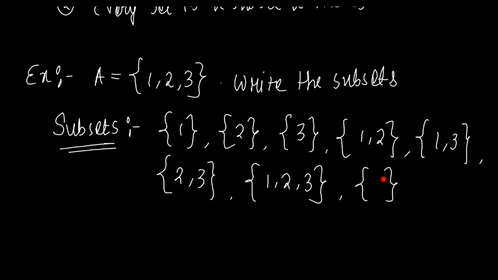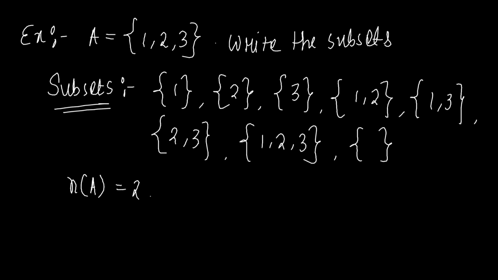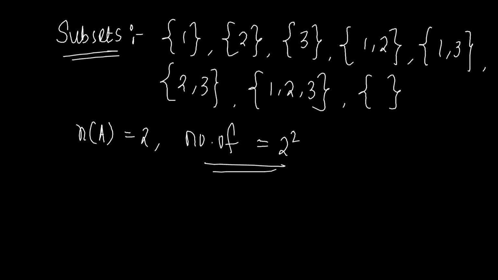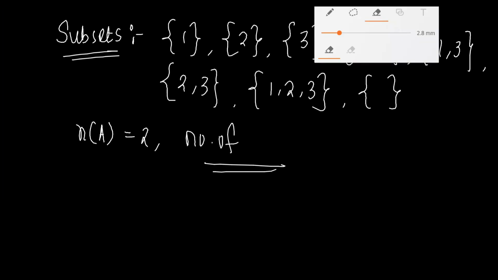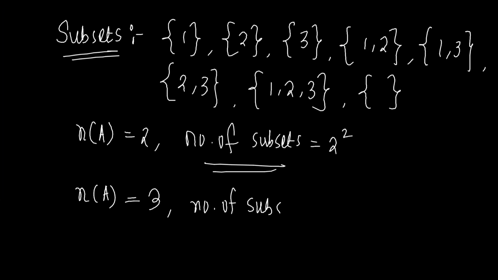So from this we can easily say that in the previous part the number of elements is 2 and the number of subsets is 4. So we can write the number of subsets is equal to 2 square, that is equal to 4. And in the next example we have taken the number of elements present inside the set A as 3, and we got the number of subsets as 8, that is 2 cube.